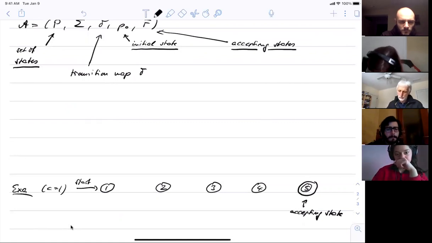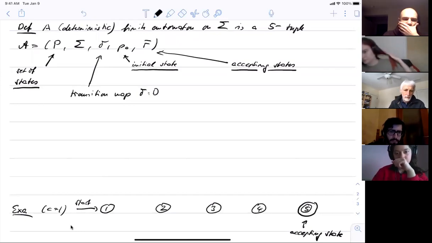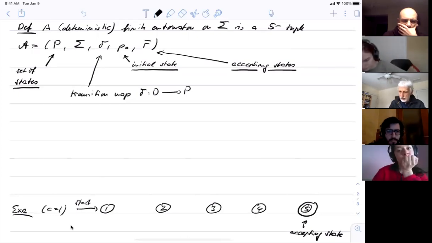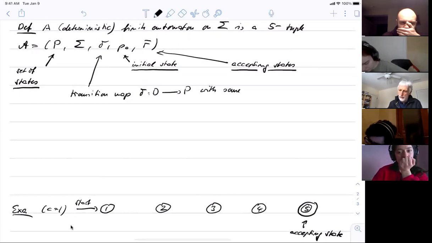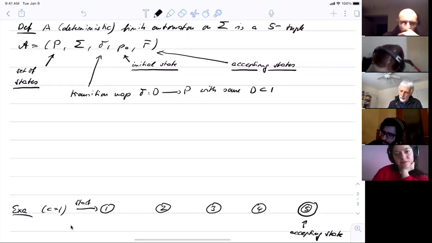Now, we need also a transition map. And this is a map from D into the set of states, where the domain D lives in the Cartesian product of P and sigma.